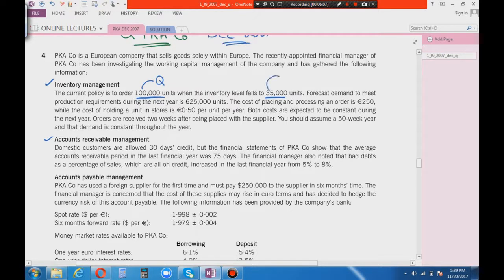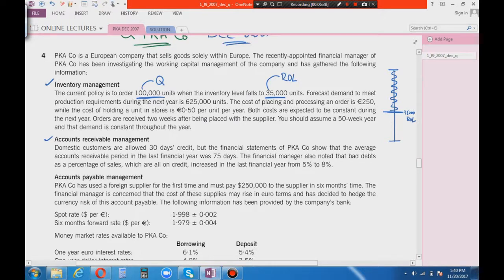And this is what we call reorder level. When you reach this level, then you order 100,000. So let's say if this is your inventory and you are using the inventory in production, and when you reach 35,000, then you order again. And how much do you order? 100,000. So this would be your reorder level, right?